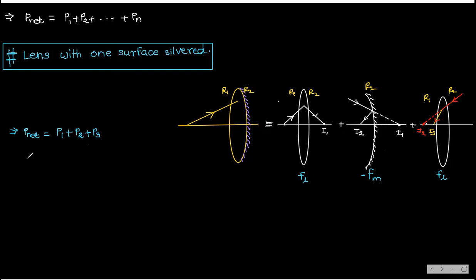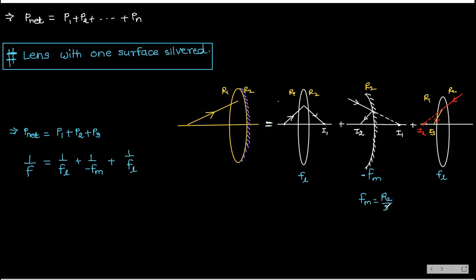Now here this P net is what? 1 by F, total focal length, we can say F net is equal to 1 by FL plus, this is P2 for this mirror, that's why 1 by minus of FM plus again 1 by FL. Understand? And FM कैसे find out करेंगे? FM, if you want to find, FM is equal to what?